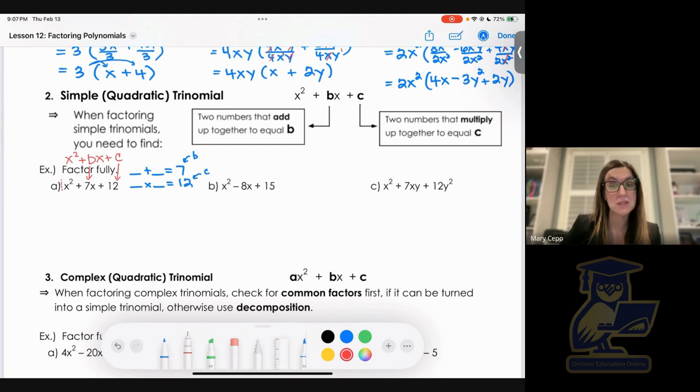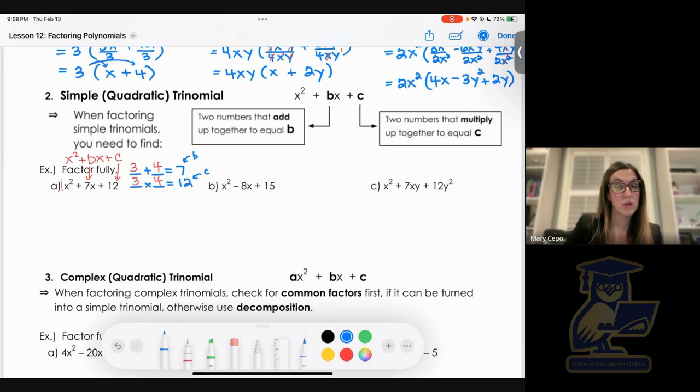So it's very specific to the sum, which is that b value, and the product, which is our c value. And the signs are very critical.